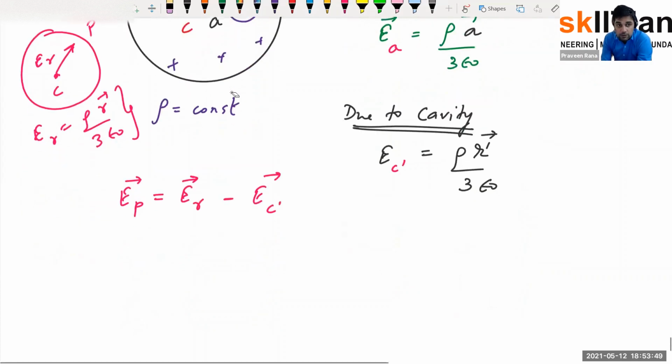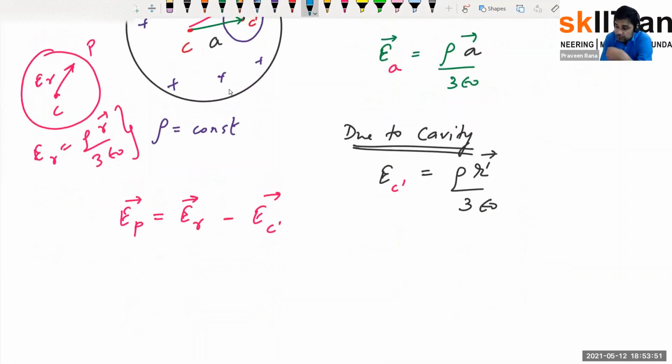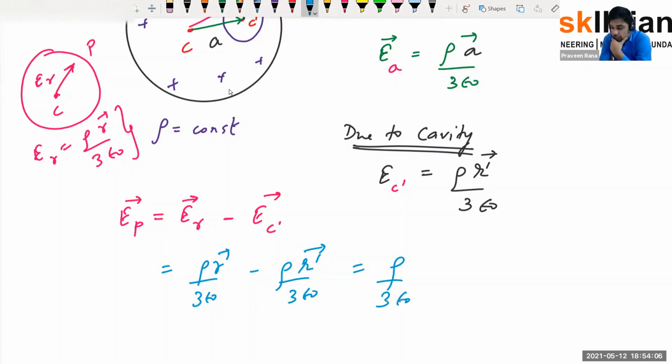So what would you get? Put these values, please. We have rho R over 3 epsilon naught minus rho R dash over 3 epsilon naught. So now we have rho over 3 epsilon naught times R minus R dash. This one is left with us.